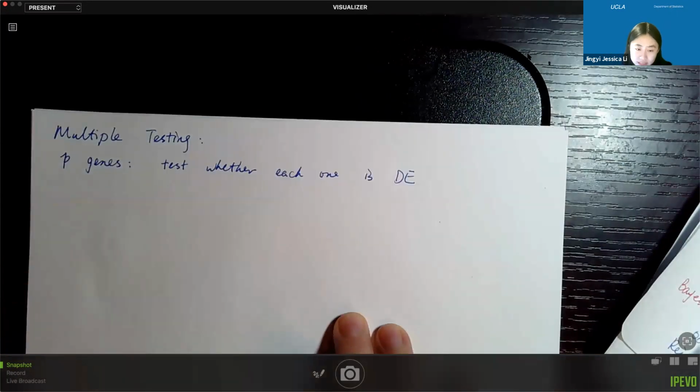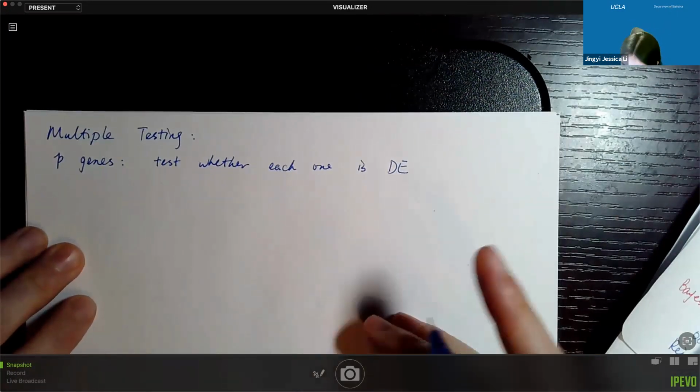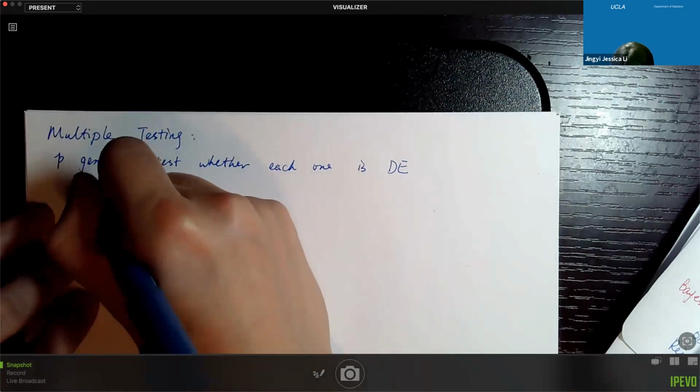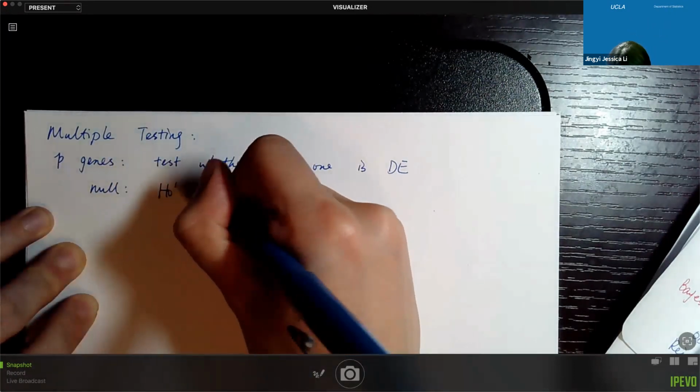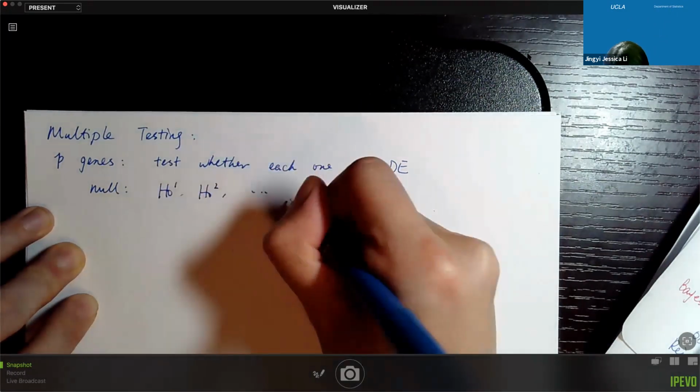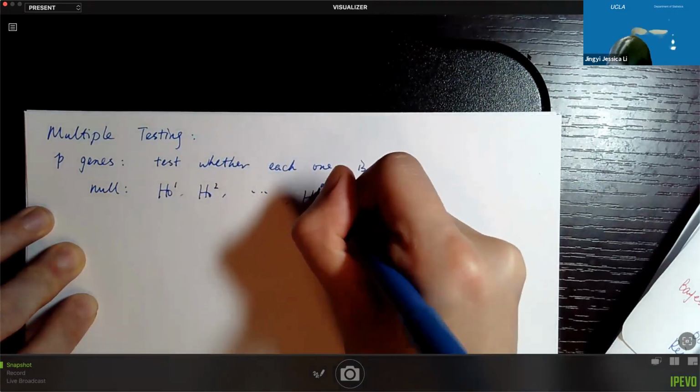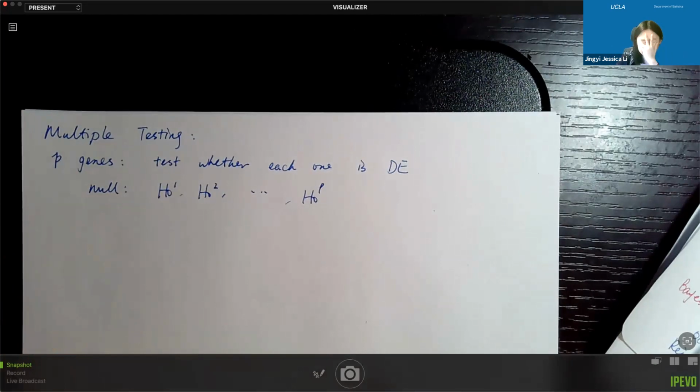And I will list those null hypotheses as H01, H02, to H0P. So each null hypothesis is that the corresponding gene is not DE. And we're going to make a decision for each hypothesis, for each test.